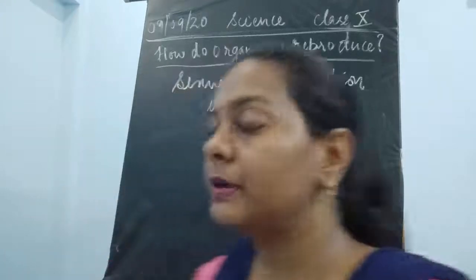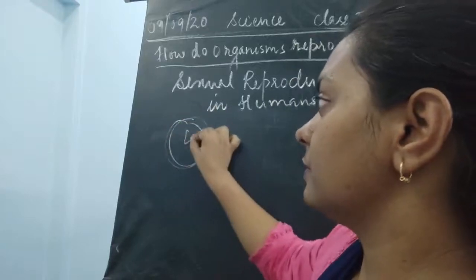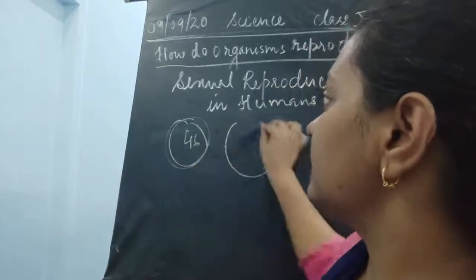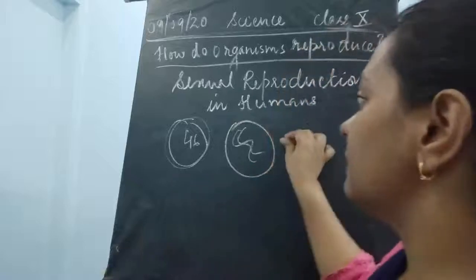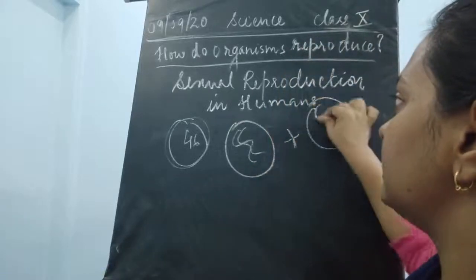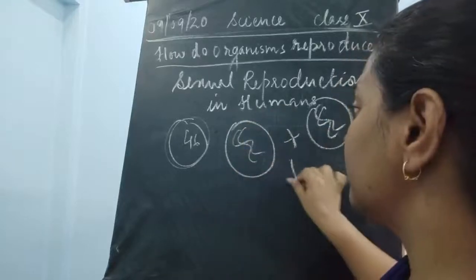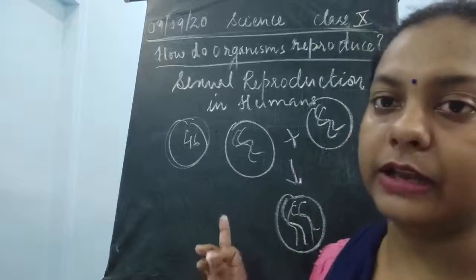Okay, for example, you know that in each cell, I said there are 46 chromosomes. Okay, it's very simple. It has 46 chromosomes, meaning each cell has two sets of DNA strands. Now, if sexual reproduction is taking place, it means that both the cells would have two strands of DNA. Now, if the new individual is formed, it will have how many strands? Four strands of DNA.